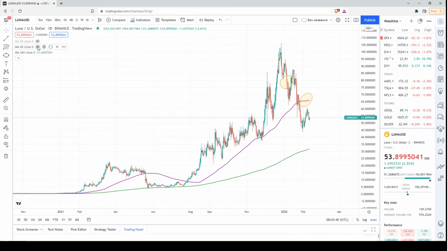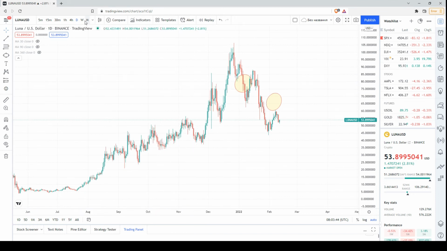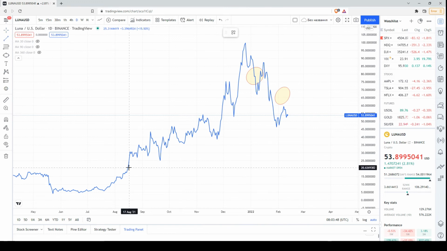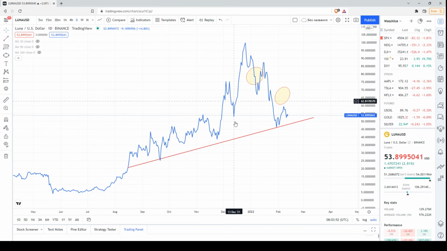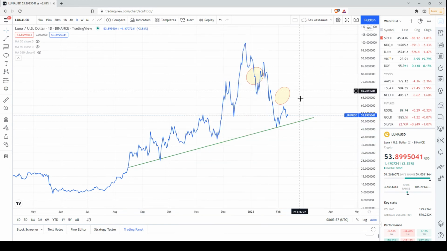Now let me hide these moving averages. If we switch to a linear chart, we can also see this sequence of ascending local lows, and this is the trend line, namely the uptrend. It seems that the price has recently rebounded from the uptrend line.